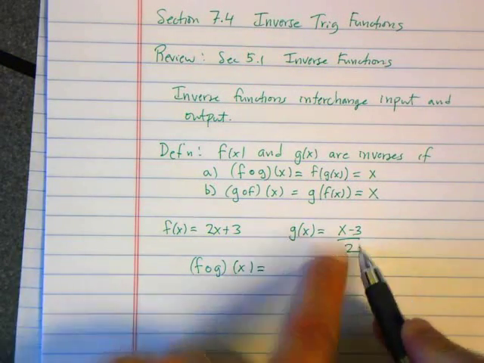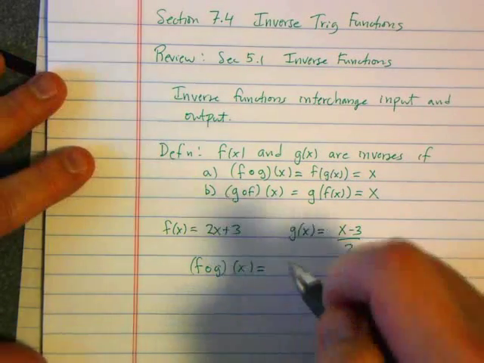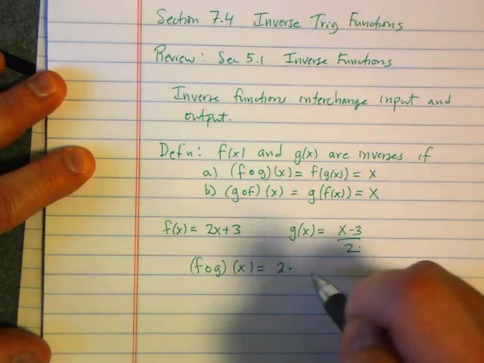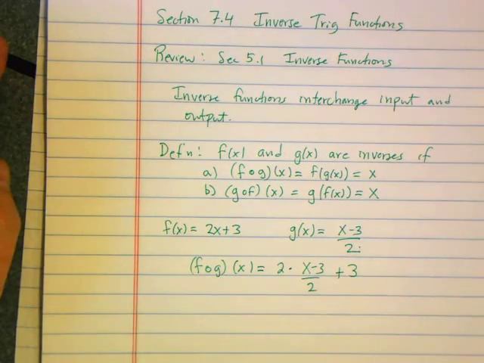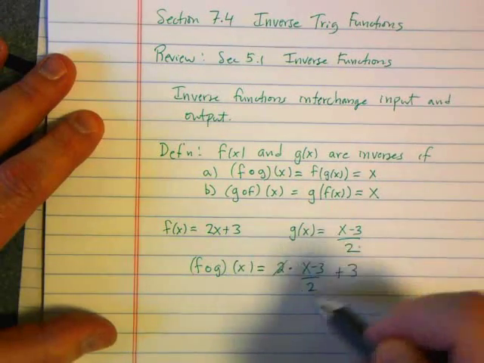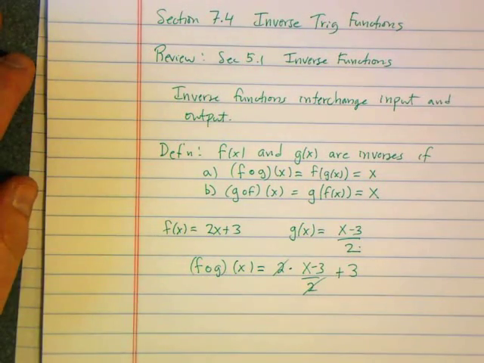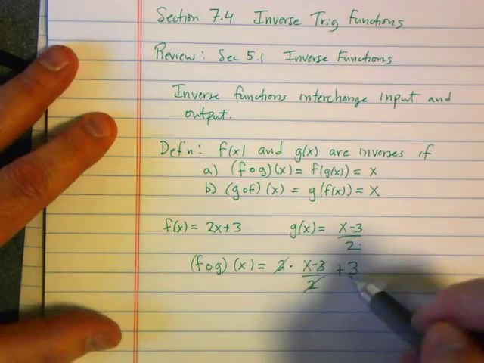So I'm going to have 2 times (x minus 3 over 2) plus 3. We simplify and we get, well, that 2 reduces with that 2. And then that 3 reduces with that 3, and we're left with x.